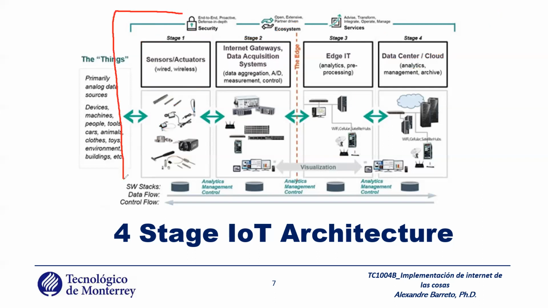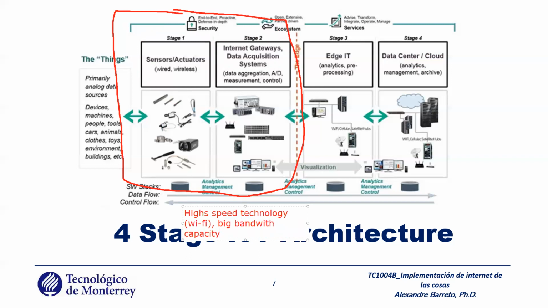first, these two stages are local, okay? You have, for example, a very high-speed technology, for example, Wi-Fi. You have a high bandwidth, or a big bandwidth capacity, okay?